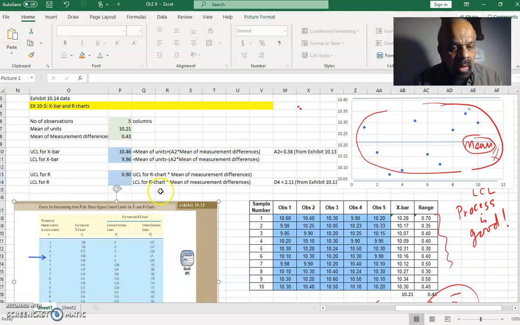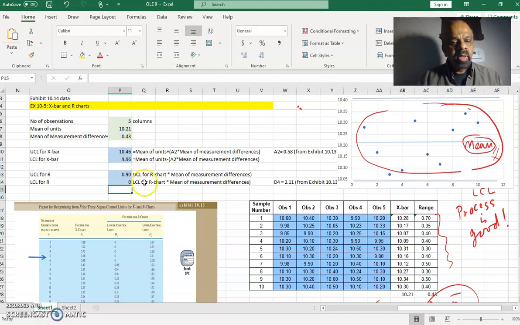My LCL is going to be equal to D3 times 0.43. D3 is 0, so of course it's going to be 0. So this is my UCL and LCL for the R chart. So that's how you find the X bar chart as well as the R chart. Okay. We will now next move to chapter 11.